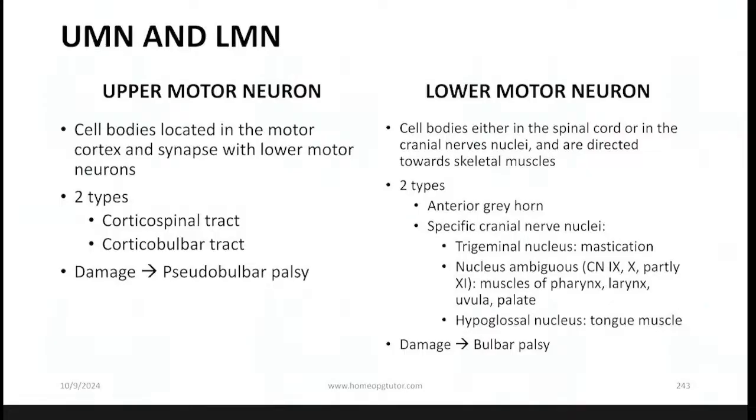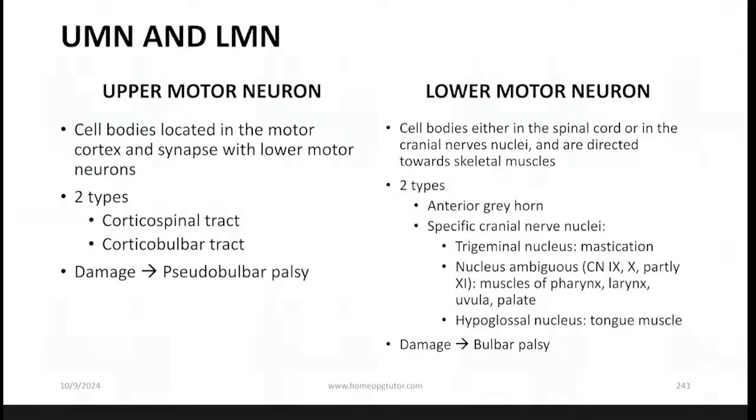Apart from that, demyelinating diseases like multiple sclerosis, Friedreich ataxia and B12 deficiency can also lead to upper motor neuron lesions. And ALS, amyotrophic lateral sclerosis, one of the motor neuron diseases, can again lead to an upper motor neuron lesion. Okay, and remember, whenever that happens, it can lead to pseudobulbar palsy. Coming to the lower motor neurons, I'll talk about the damage first and then we'll talk about something else.